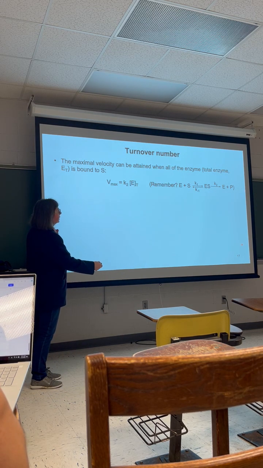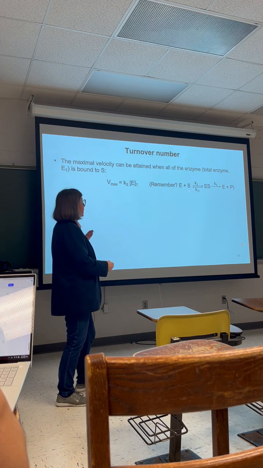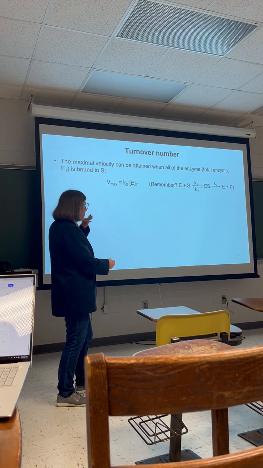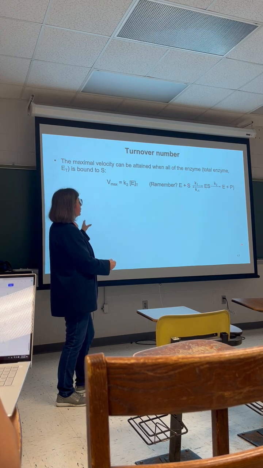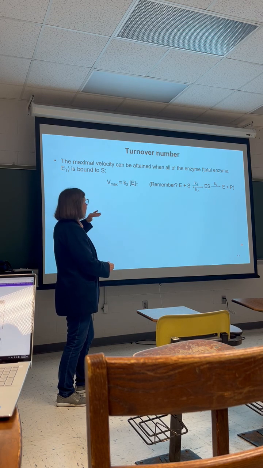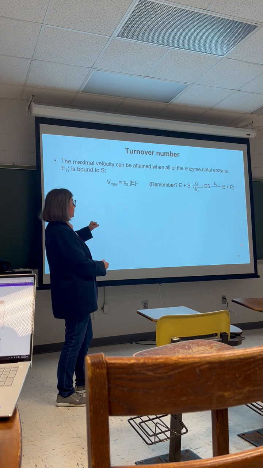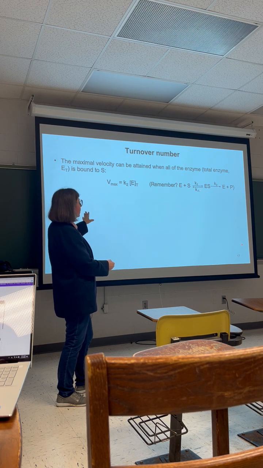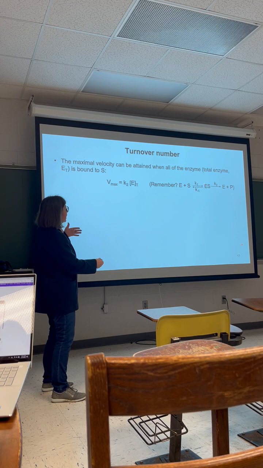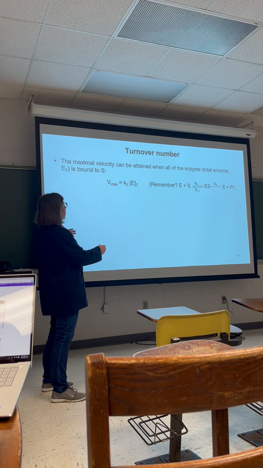If you again think about those assumptions that Michaelis and Menten had, if your enzyme is completely bound to substrate, so you do not have free enzyme, the enzyme-substrate complex is equal to the total amount of enzyme that you have in a test tube or cell. So all enzyme is completely saturated. This is where you achieve Vmax. And then I can write the equation for the formation of the product the way it is written here.